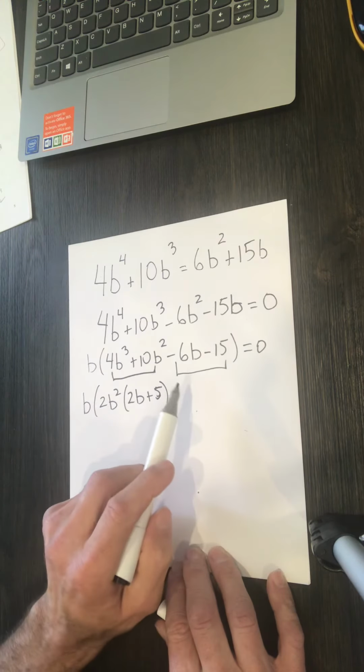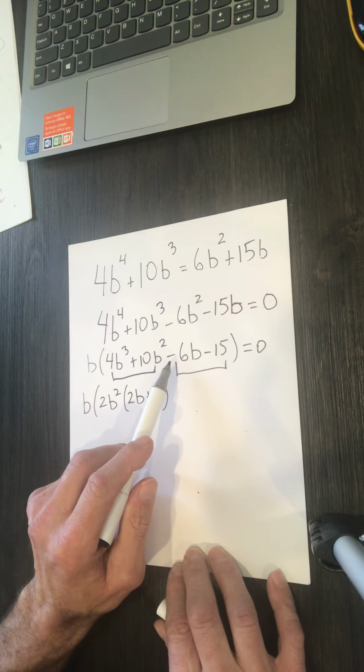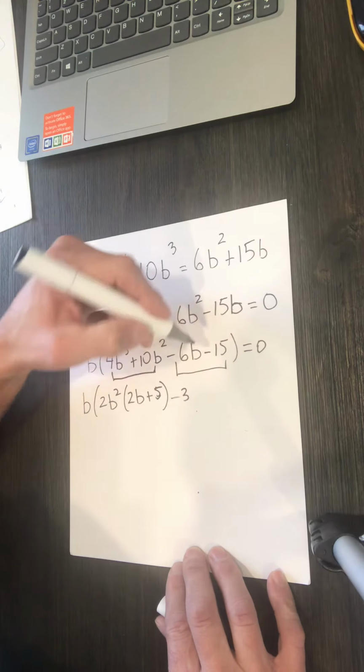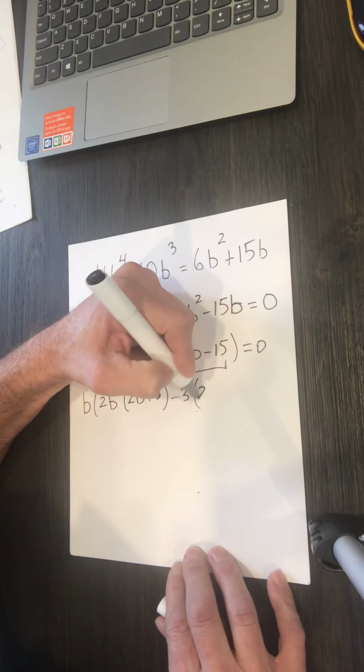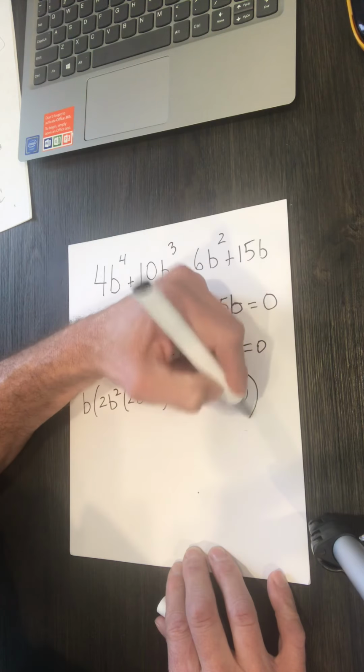Out of the second 2 terms, if the leading term in the second grouping is negative, you should definitely factor out a negative. It looks like we can factor out negative 3. And that also leaves me with 2b plus 5.